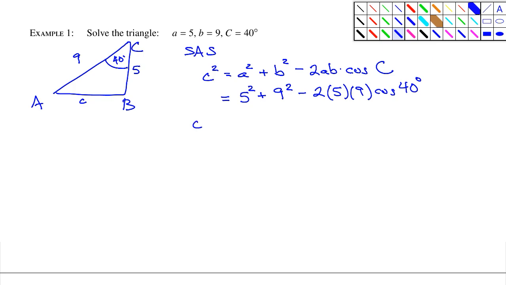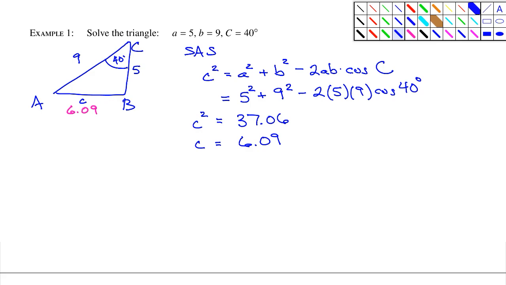If you work out the right side, you get that c squared is equal to 37.06. And then c is equal to, by taking the square root, 6.09. So now we have side C, which is 6.09.